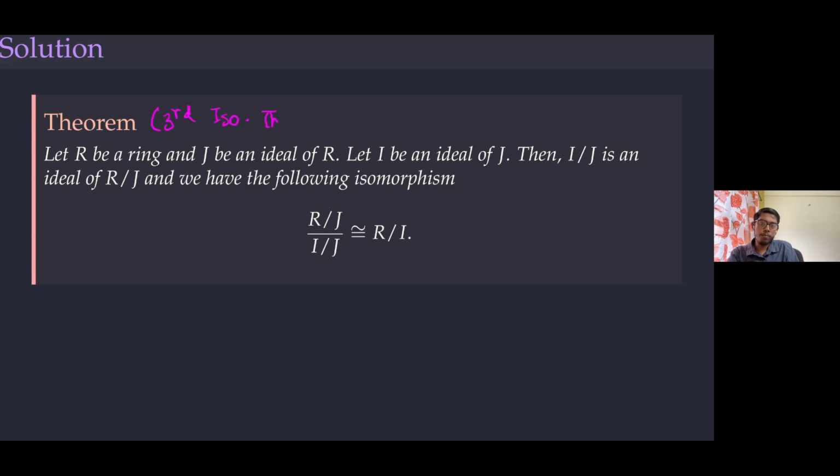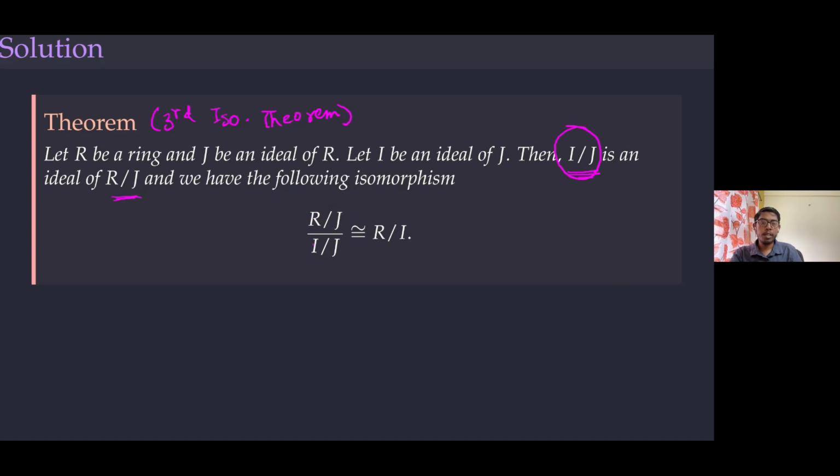It says that if R is a ring and J is an ideal of R, and I is an ideal containing J, then I mod J is an ideal of R mod J. So all the ideals of R mod J are of the form I mod J. And we have the following isomorphism theorem.